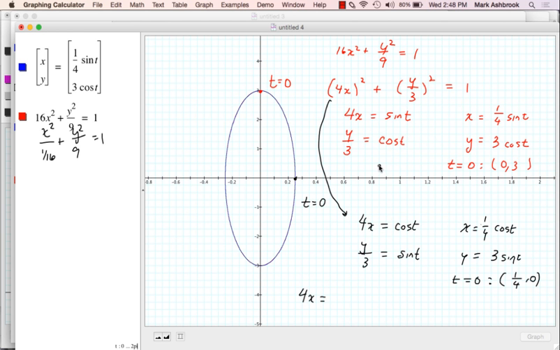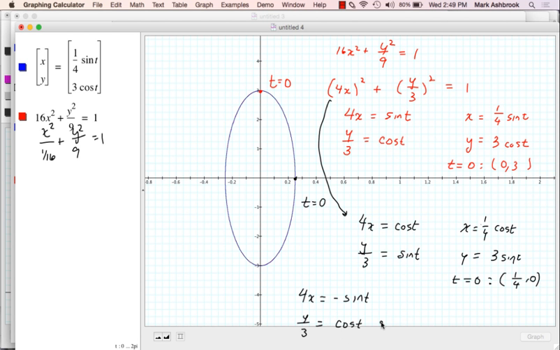What else, if you squared it, would give sine squared other than sine t? No, 4x is still 4x, but you got the idea. Negative sine. I could do 4x is negative sine. I could do y over 3 is cosine. Or I could do y over 3 is negative cosine. Or I could do 4x is negative cosine and y over 3 is positive sine.